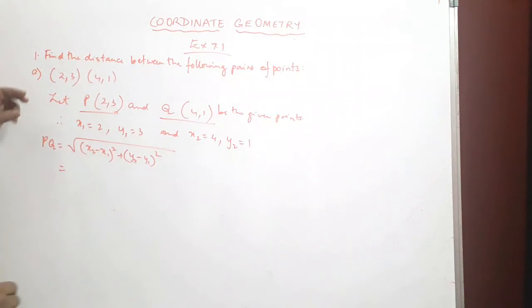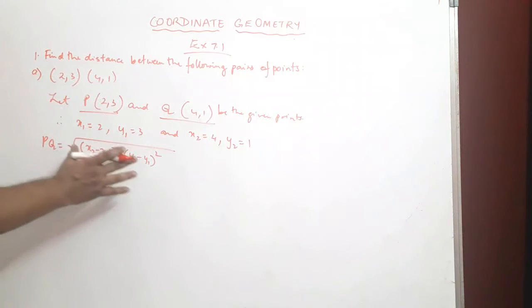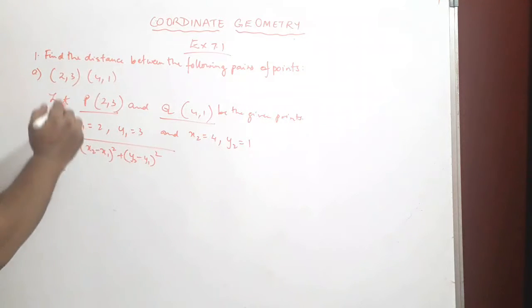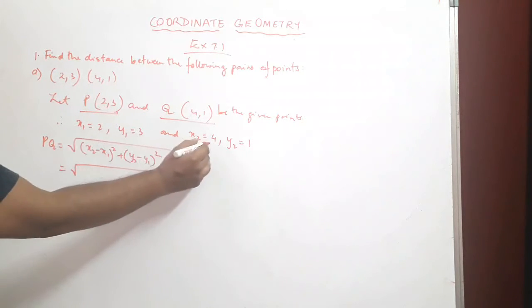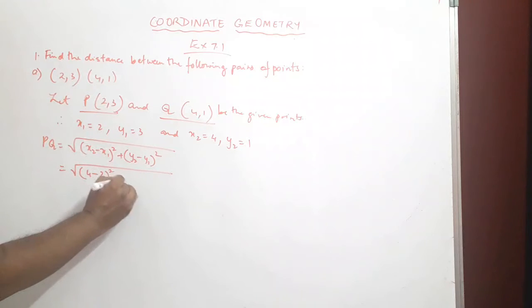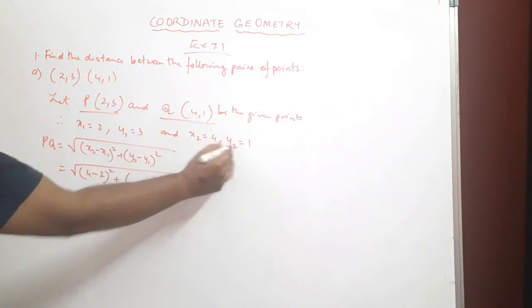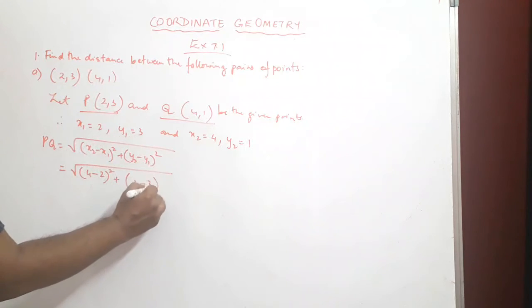Now let's substitute these values from our question in this distance formula. So square root of, what is our x2? x2 is 4, minus x1 which is 2, whole square, plus y2 which is 1, minus y1 which is 3, whole square.